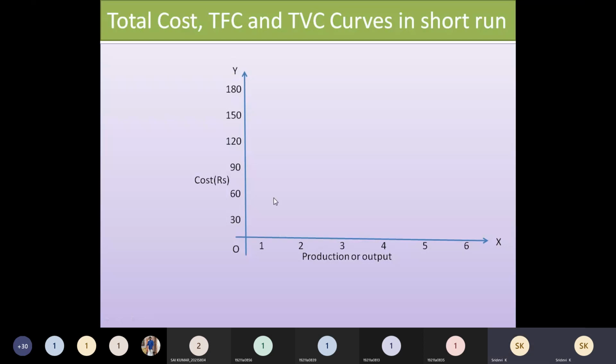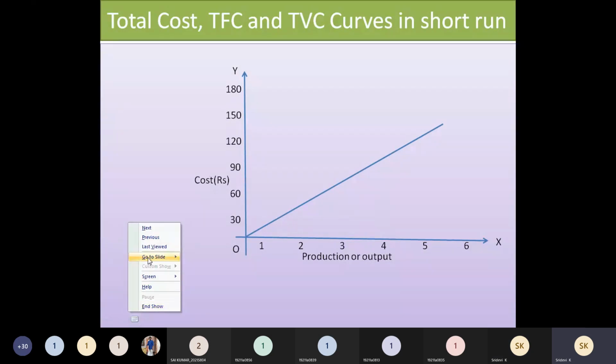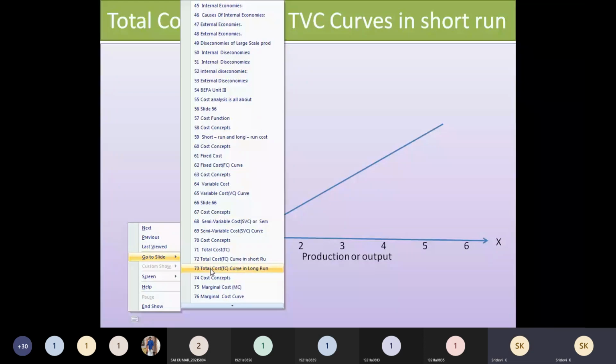So plot out the values, you will get the graph of variable cost like this. Variable costs are 0, and you can see, compare this schedule, how they are. This cost.